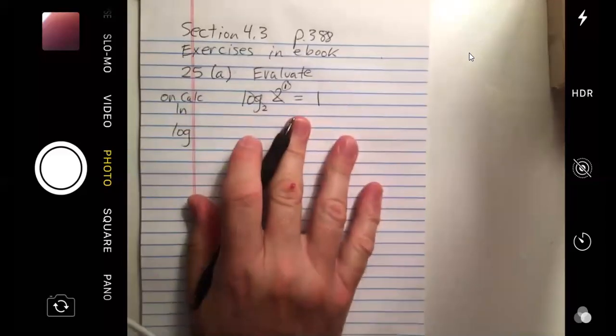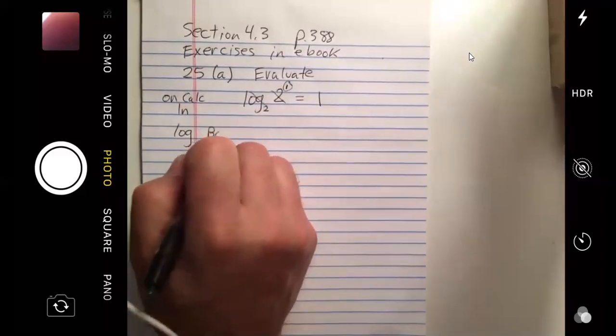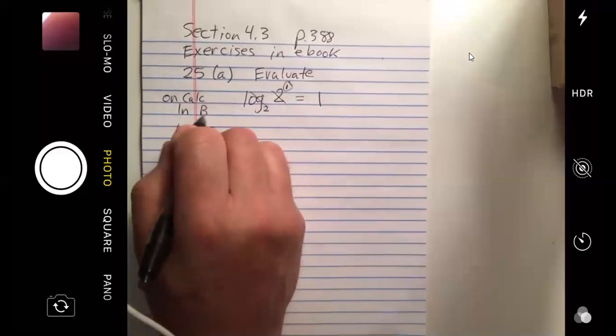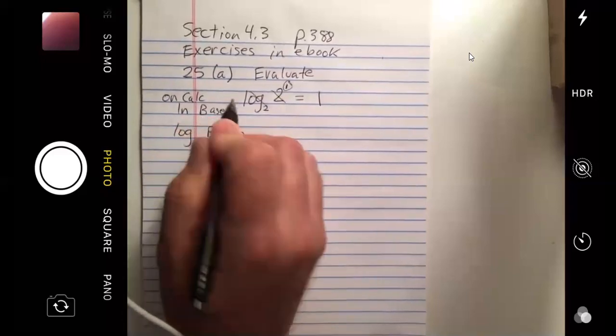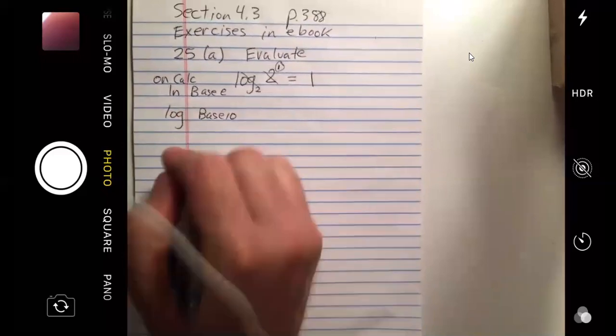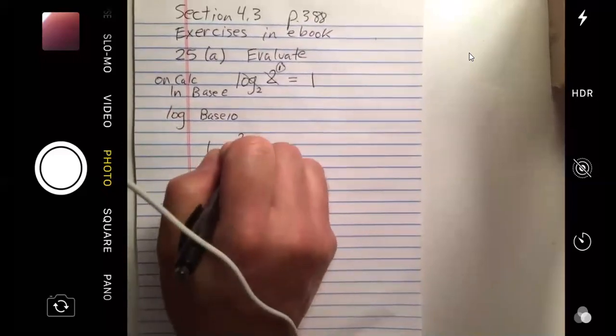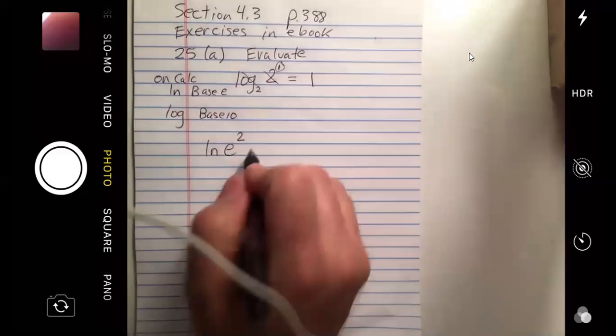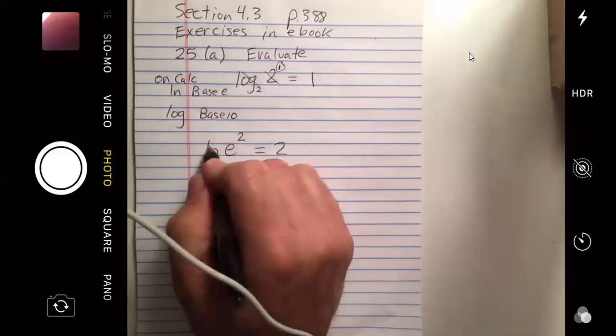When they use other bases, there is no log base 2 key or base 3 key. There's only ln and log on the calculator. Log is base 10. ln is base e. So ln of e to the 2 is directly 2.